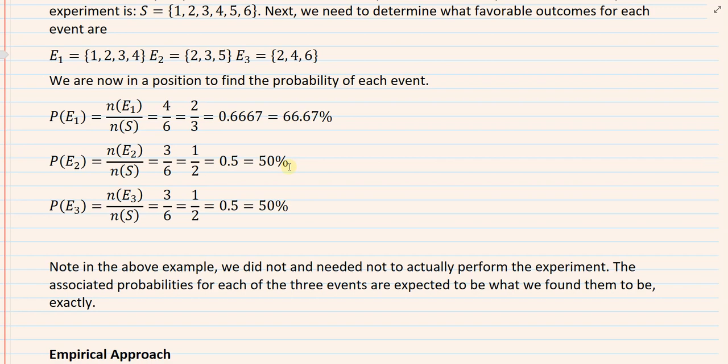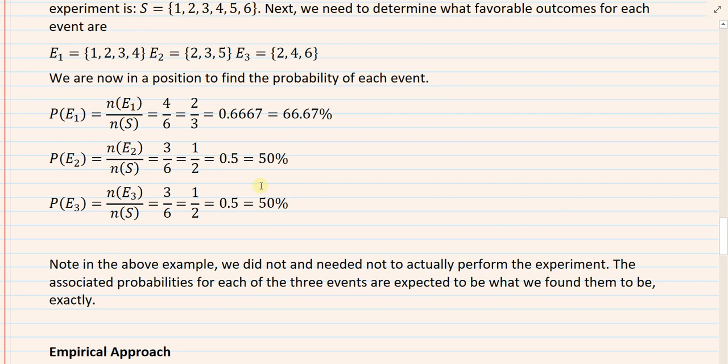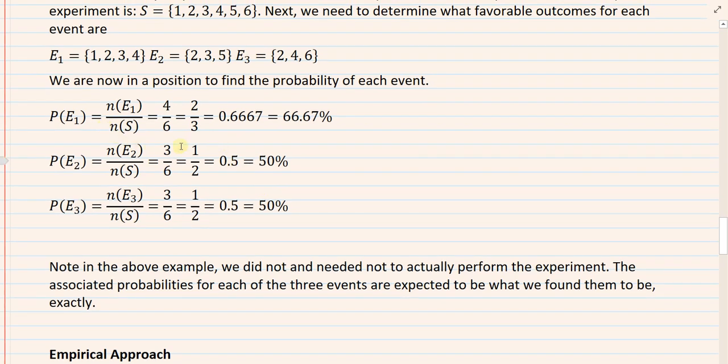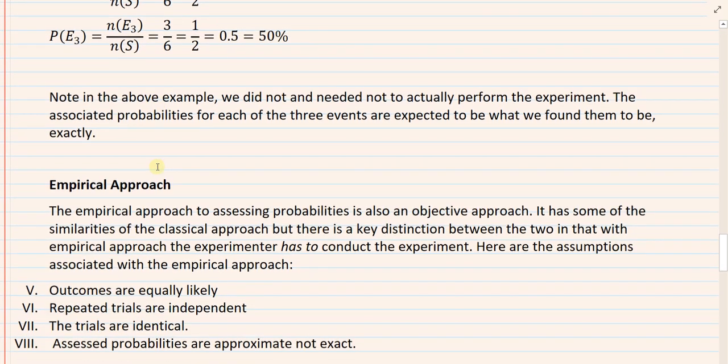Like in the probability of E1, this number 0.66666666, so on forever, is not an exact number. The exact number is 2/3. We're talking about the fact that you have a ratio of two deterministic numbers, 2/3. That makes it exact. In other words, for everyone in the world that conducts this experiment, the probability of this event E1 is 2/3. It's not like who conducts the experiment matters, because it's modeled mathematically.